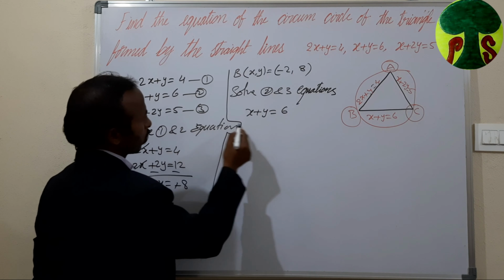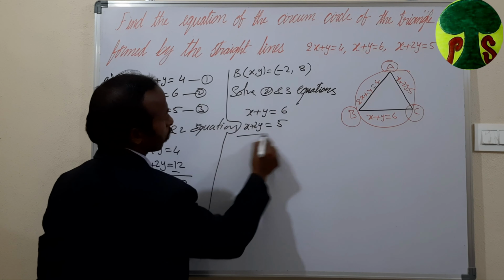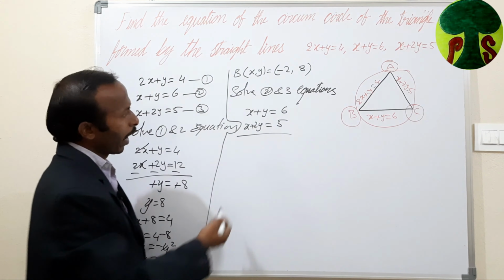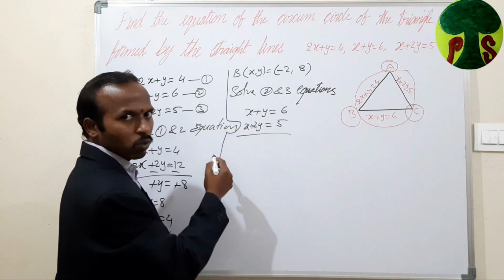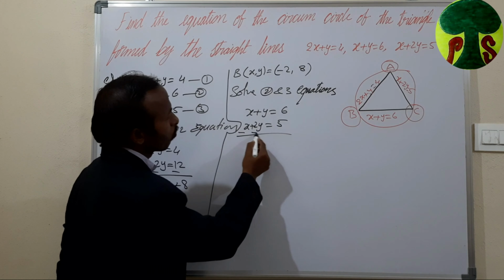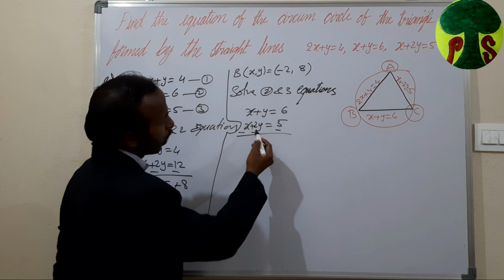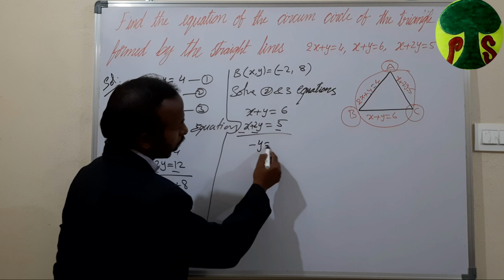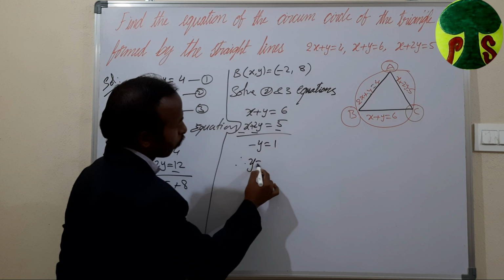The third equation is x plus 2y equal to 5. The x coefficients are the same, so subtraction. During the subtraction, we have to change the signs. So plus x minus x get cancelled. y minus 2y is minus y equal to 6 minus 5 is 1. Therefore, y equal to minus 1.